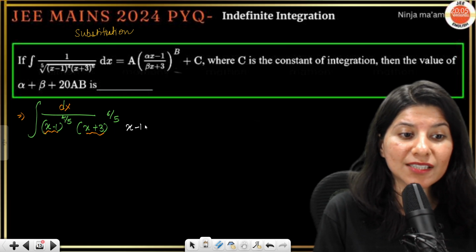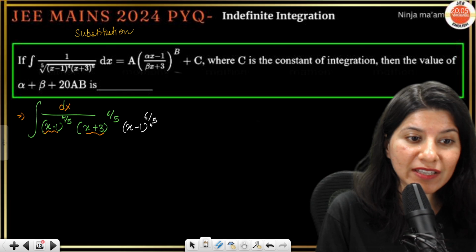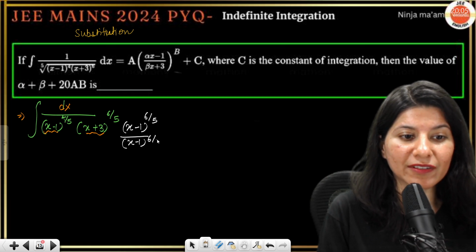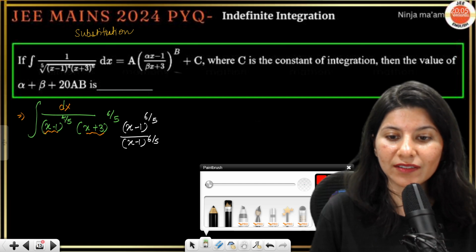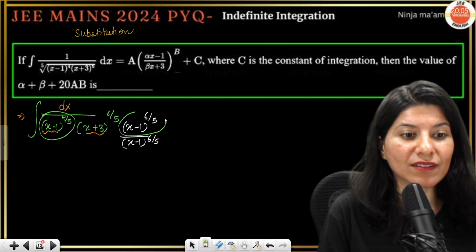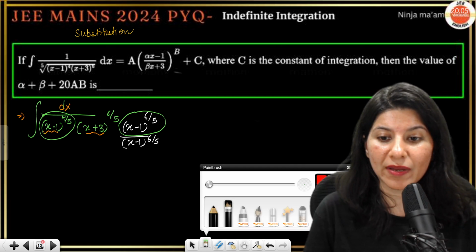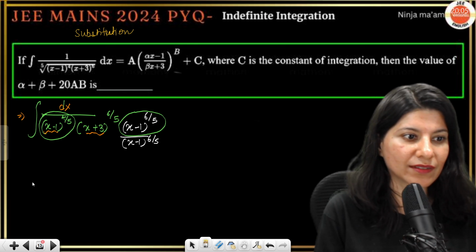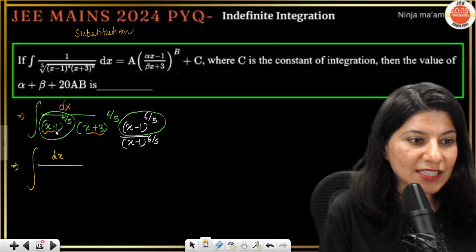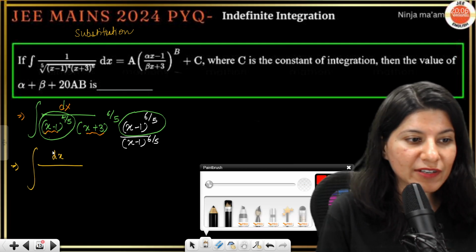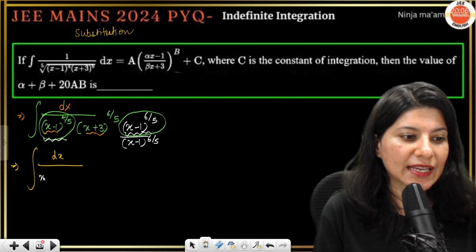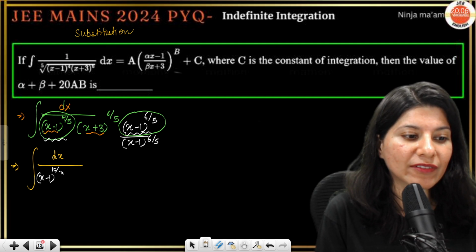You have to introduce x minus 1 raised to power 6 by 5 upon x minus 1 raised to power 6 by 5. You are introducing that factor because you want to club this and this together. You want 4 by 5 and 6 by 5 to come together. So now, finally, the integration dx: x minus 1 power 4 by 5 and x minus 1 power 6 by 5 gives x minus 1 power 10 by 5.